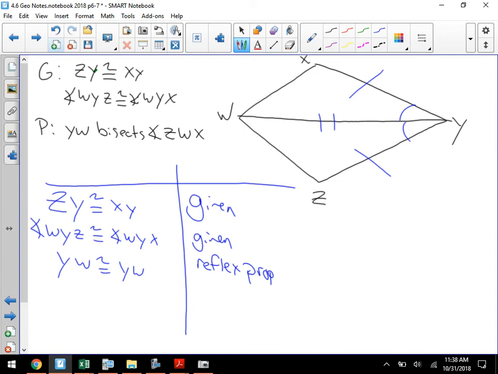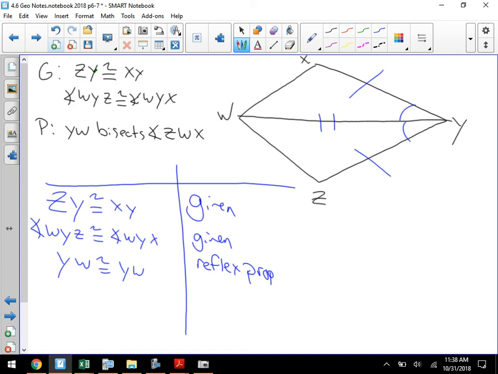Why are the triangles congruent? Excellent. Side, angle, side. Now, one of the things I've been trying to get you guys comfortable with is anytime that you're given angle letters, reuse those angle letters as the triangle letters. Because if they're given to you, they're going to be in the correct order.